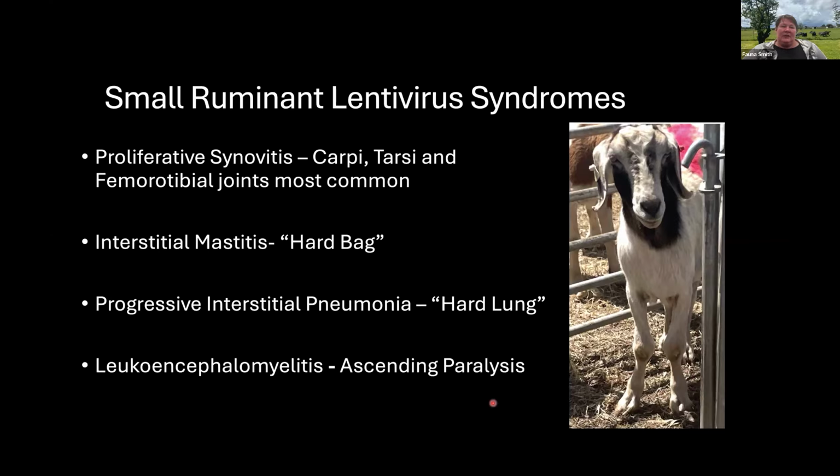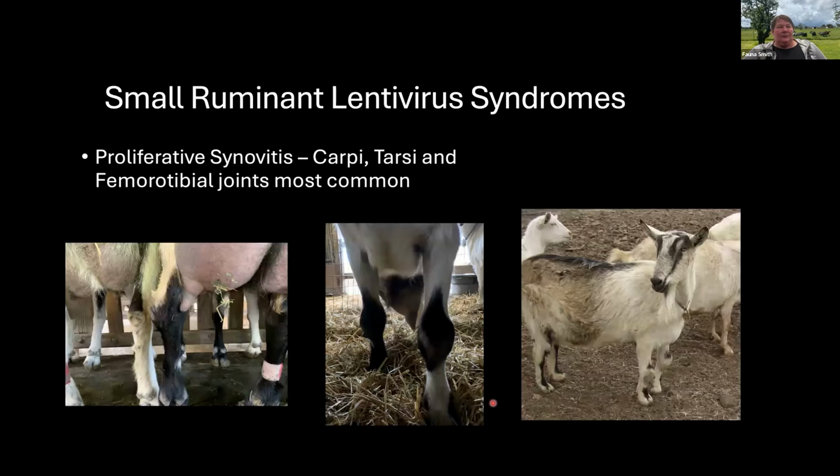Then we have interstitial mastitis, progressive interstitial pneumonia, and, at least in my practicing career, I've been a veterinarian for about 25 years, ascending paralysis is rarely seen anymore, whether that's a change in viral strains or a change in the viral load our animals are experiencing. I can't say, but clinically I don't see that syndrome very often.